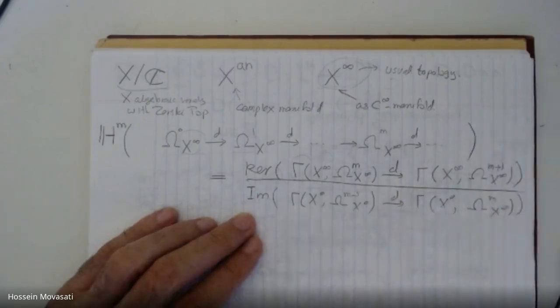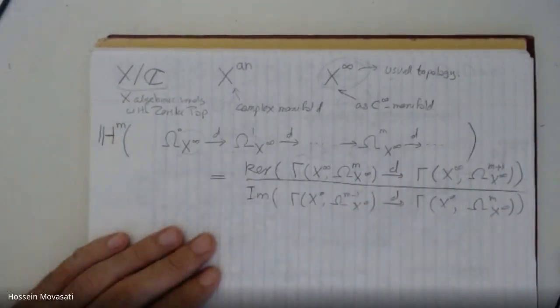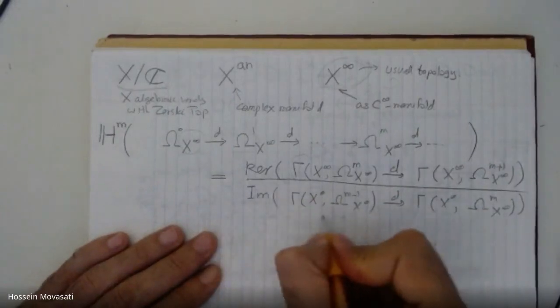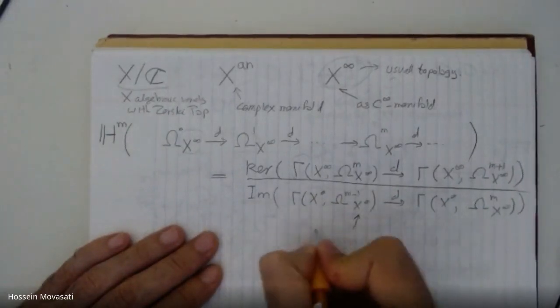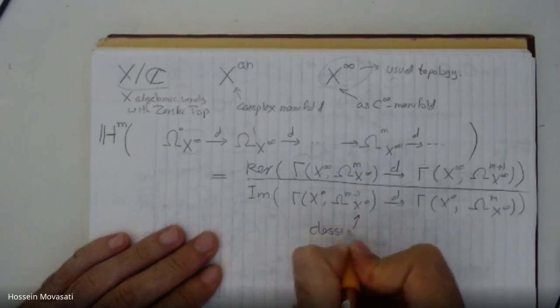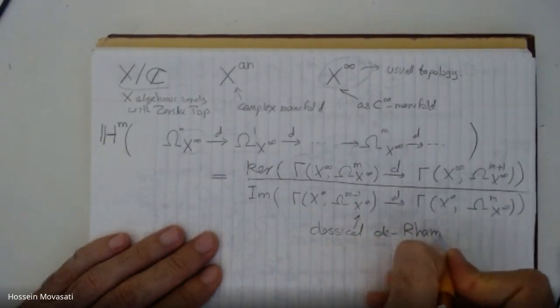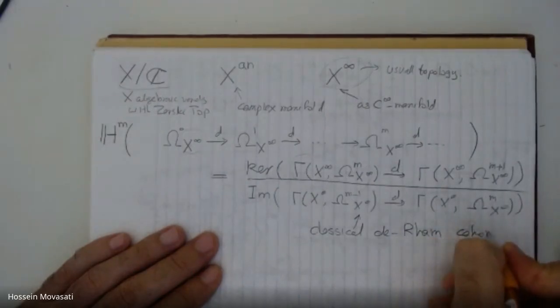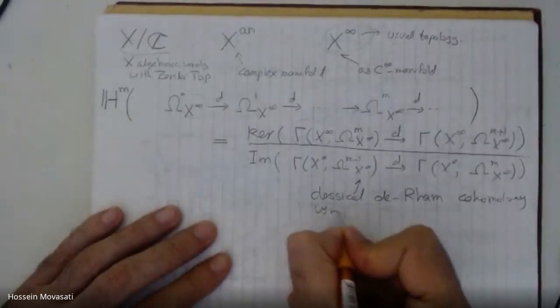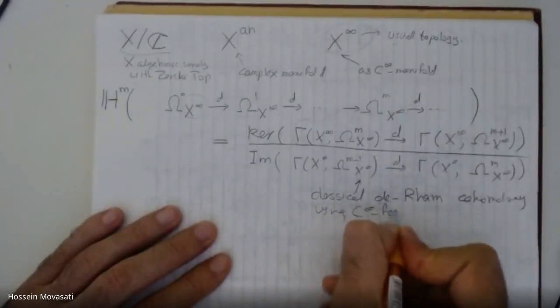In algebraic topology, we learned that this is the classical de Rham cohomology using C infinity forms.